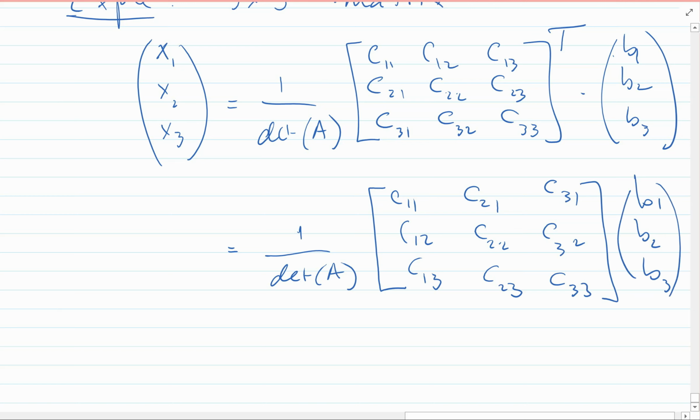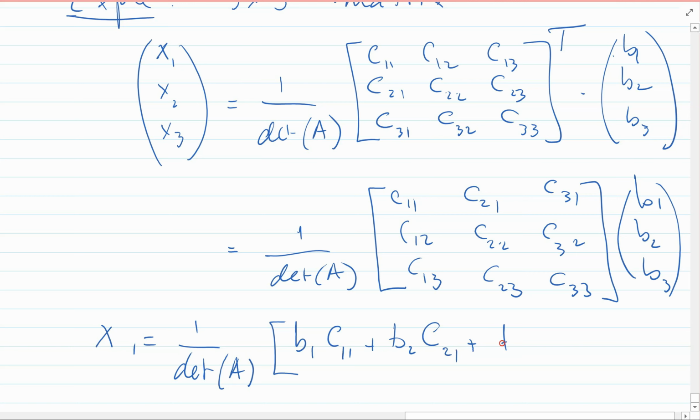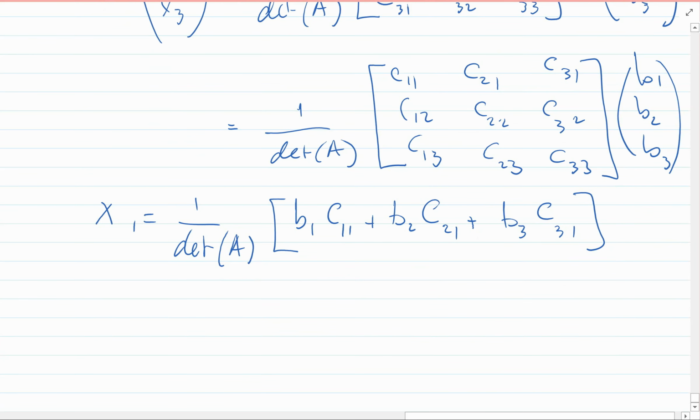So the answer will be x1, the top of the unknown vector, equal 1 over determinant of A times B1 C11 plus B2 C21, sorry, plus B3 C31.